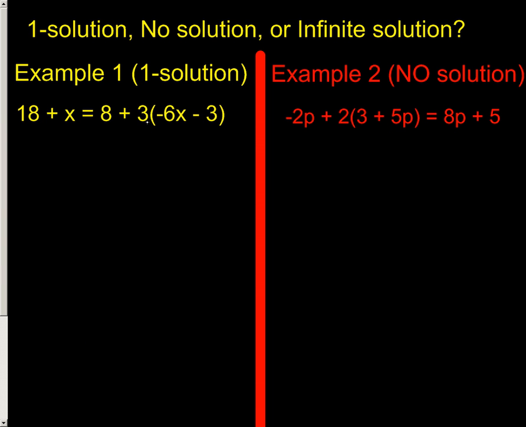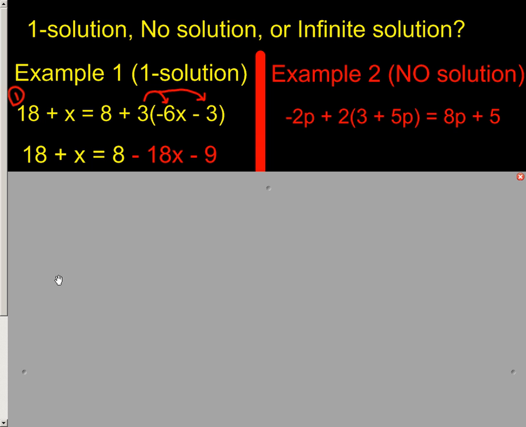And remember, you don't know at the beginning unless it's an example, but if this was a problem in your book, let's just say it was number 1, you'd have to go through and solve. So let's start with distribution. And we get negative 18x minus 9 after we've distributed, pull down everything else. We now need to combine like terms.